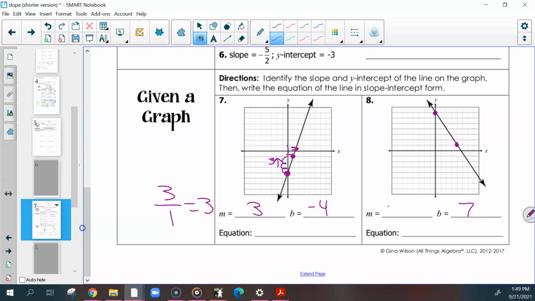Negative 3/2. So negative 6/4 is not incorrect. It is technically the slope, but we need to simplify. This simplified slope means if I go down 3 and to the right 2, I should end up at another point on the graph. Every time I go down 3 and right 2, I should end up at another point on the graph. In which I do.